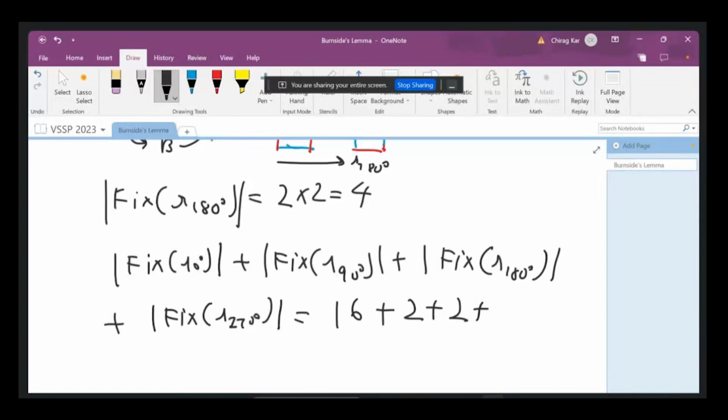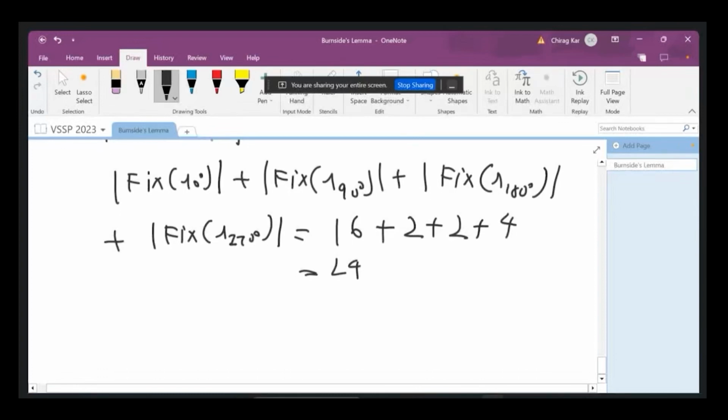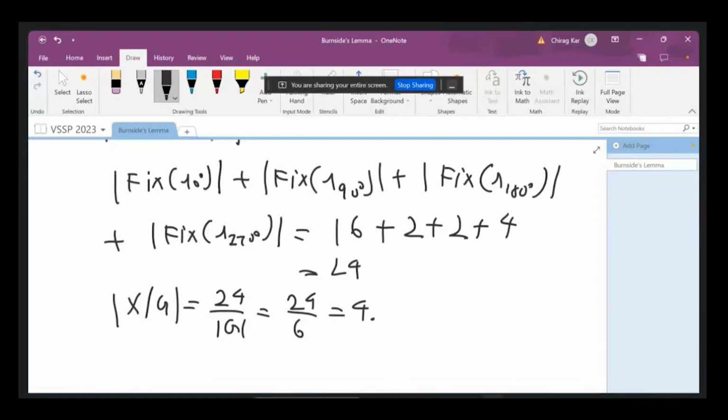And finally, fix of R270, we figured out to be 4, which gives us a total of 24. Now, applying Burnside's lemma, the number of possible orbits is 24 divided by the cardinality of G, which is 24 divided by 6, which is equal to 4.